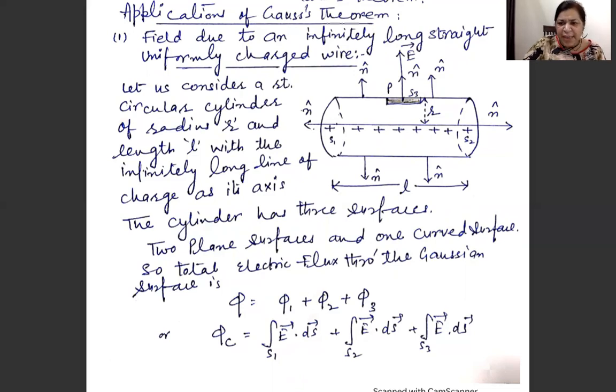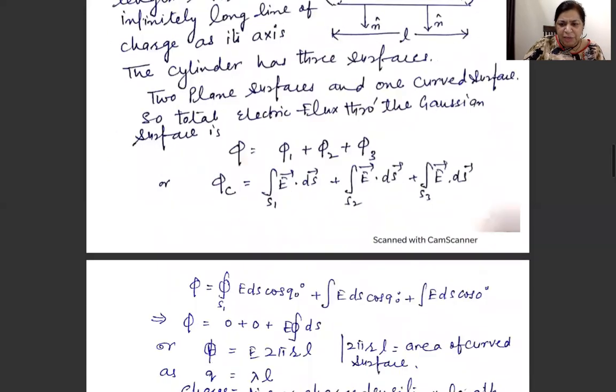Same for the surface S2, n cap and the electric field intensity have an angle of 90 degrees. And as cos 90 is equal to 0, the values because of these two surfaces are equal to 0. Now we are left with only one surface, that is the surface S3.